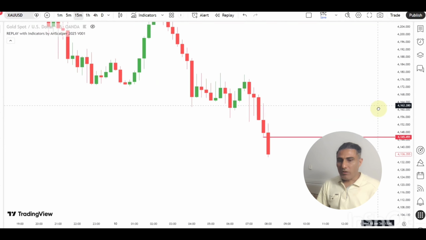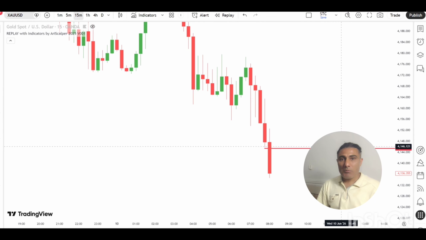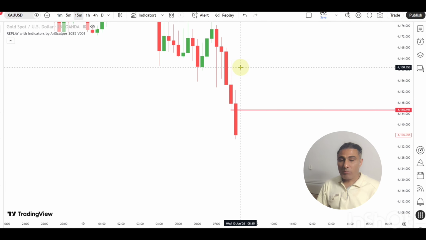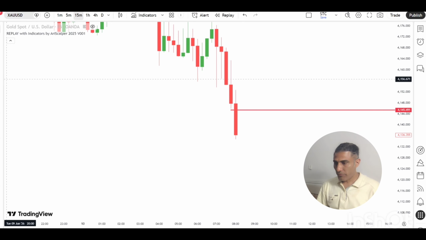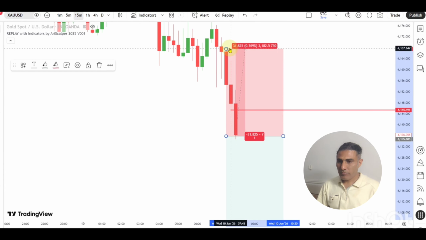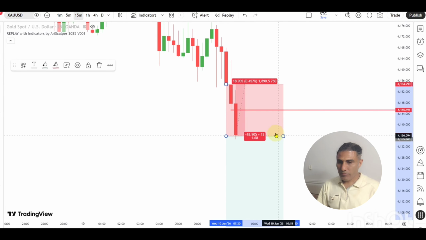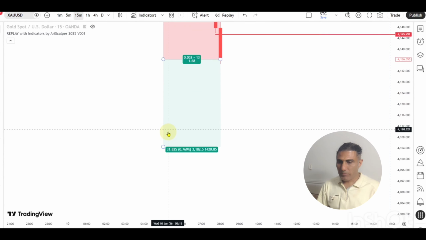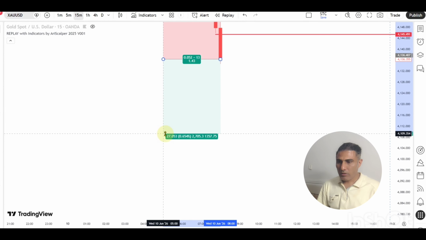Okay, we have a valid breakout. By the way, in this strategy, you don't need to wait for a pullback, the second confirmation. If the break is valid, then it's enough. You can enter the position, with 1 to 1.5.